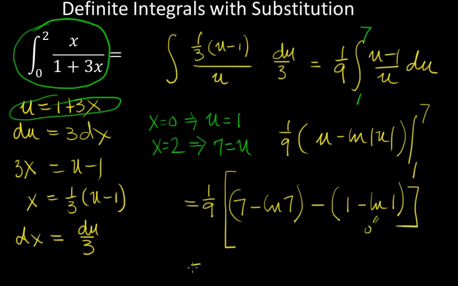So I will have 1/9 times 7 minus 1 is 6 minus the natural log of 7. And that's just a number. You could use your calculator to see what the natural log of 7 is. That's the answer. What I want you to see here is how you change your x limits to u limits, and you don't have to go back to x in order to evaluate.